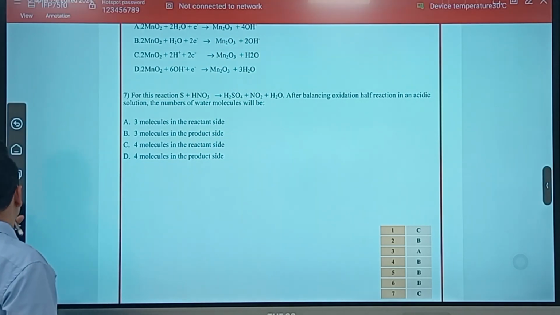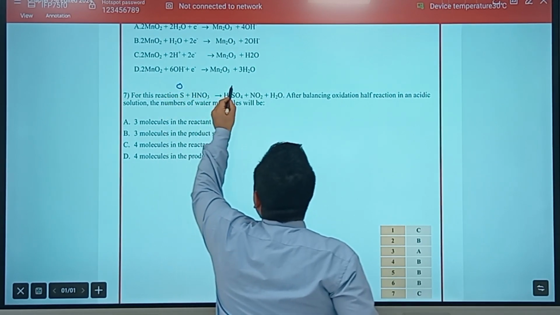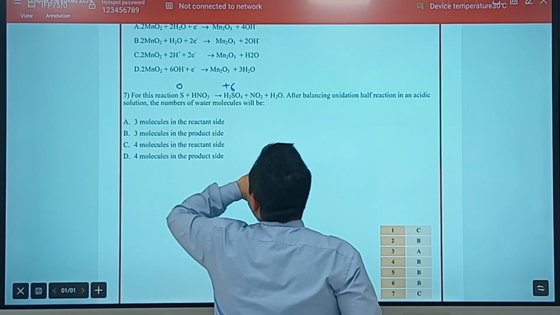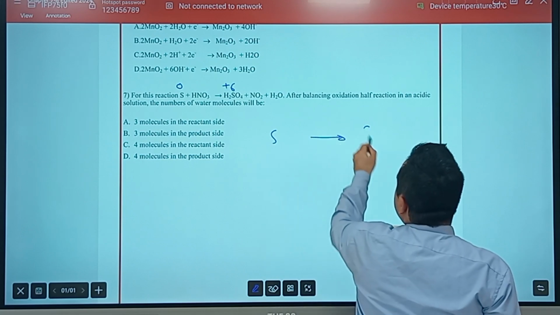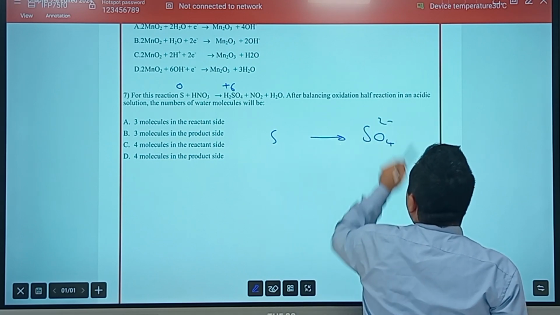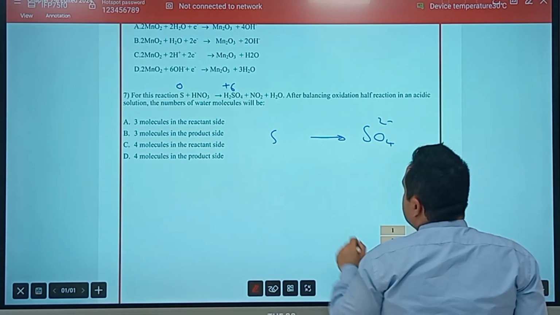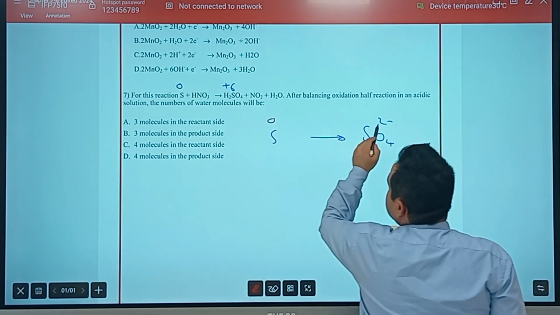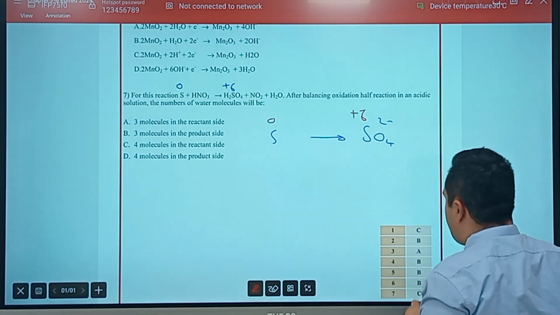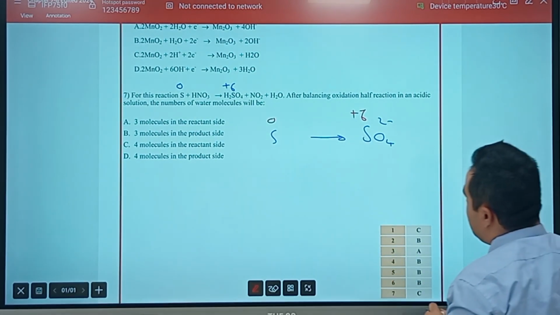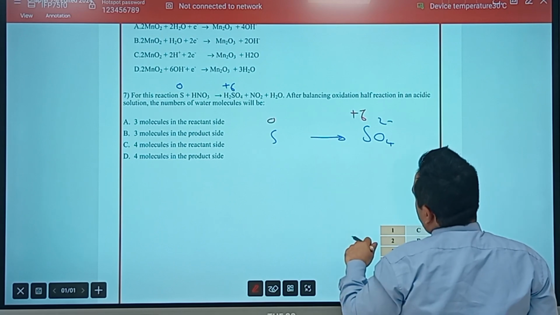Let me solve it, guys. 0 to positive 6, this is the oxidation. So S goes to SO4 2-. In this case, sulfur goes from 0 to positive 6, which is 6 electrons.